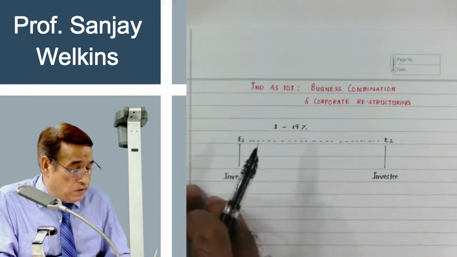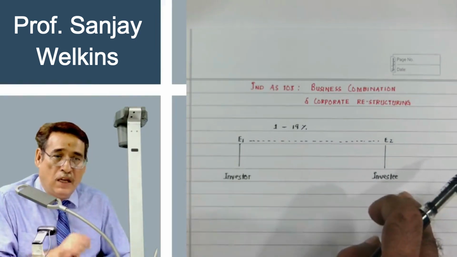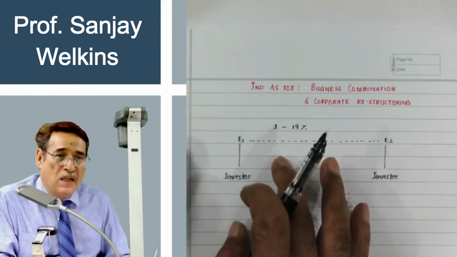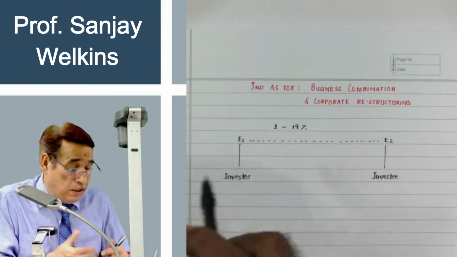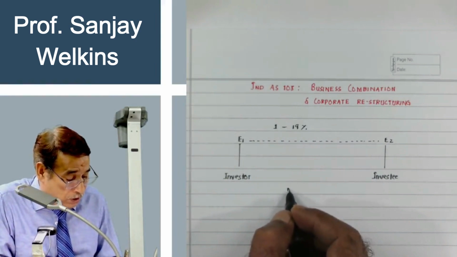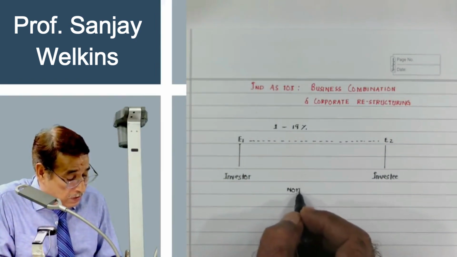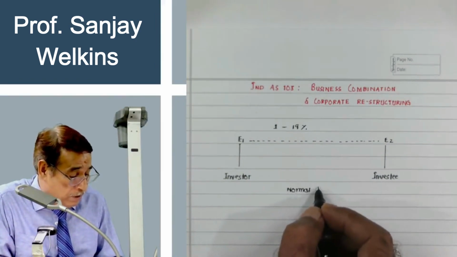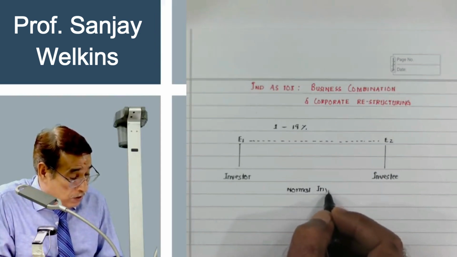So if an investor invests into some other entity and the stakes are in between 1 to 19%, in that case, it is considered as normal investment.